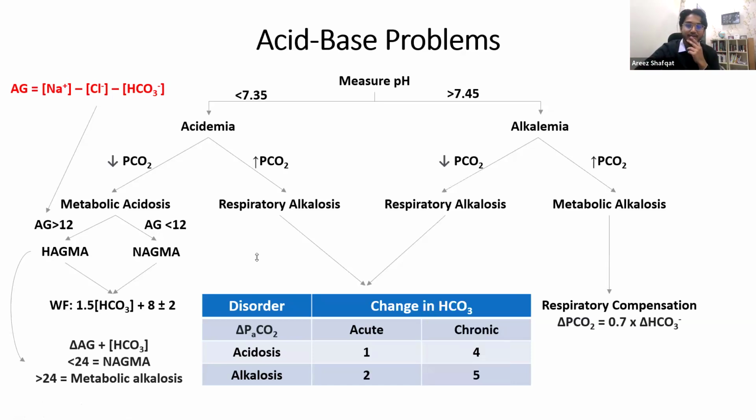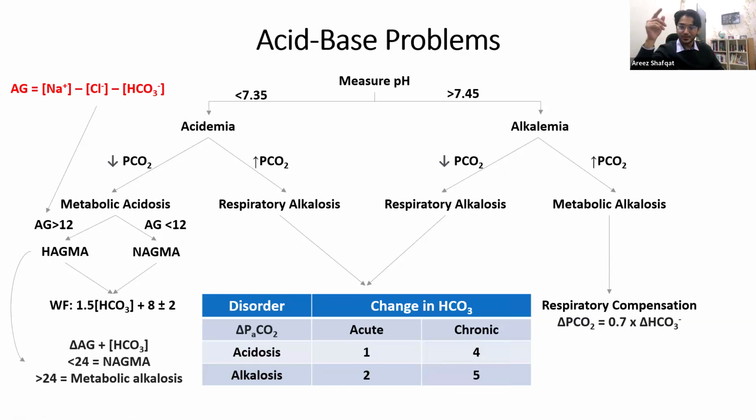How can I differentiate between compensation and a mixed disease? Let me give you an example. If a patient has a high anion gap metabolic acidosis, and through Winter's formula you calculate that his expected PCO2 should be 30, and his actual PCO2 is 30, that means it's compensated.